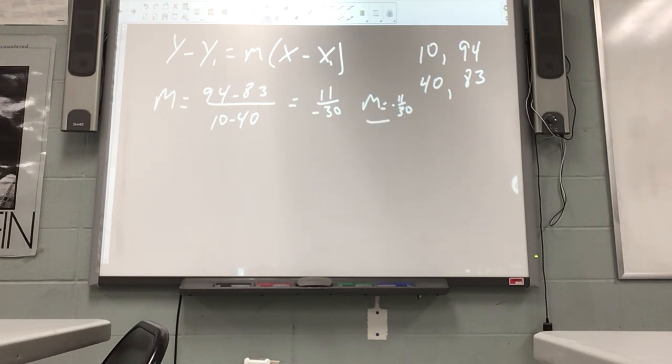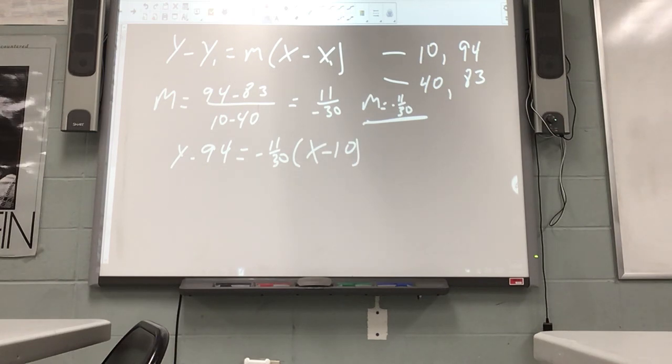So now we take our slope and we take one of these 2 points over here and plug it in a point slope formula so we can start getting that equation. So I'll just use that first one, it doesn't matter. Y minus 94, that's my Y1, equals my M times X minus 10.